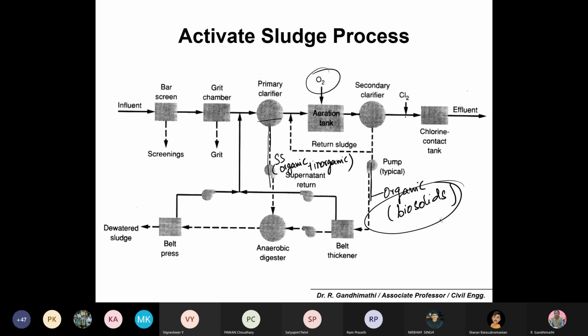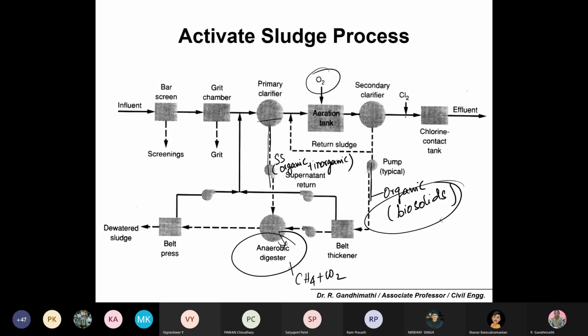Therefore, the moisture content should be removed and then it is taken to the anaerobic digester. It is not a wastewater, it is a semi-solid in nature. It may undergo anaerobic decomposition and produce methane and carbon dioxide. It's one form of energy recovery from the sludges.